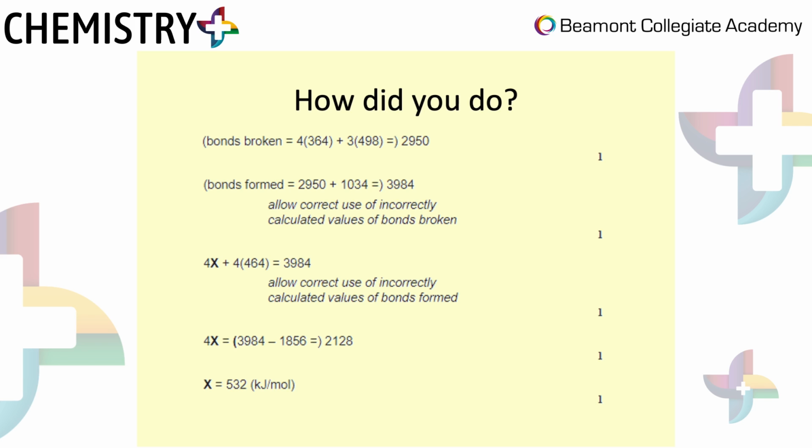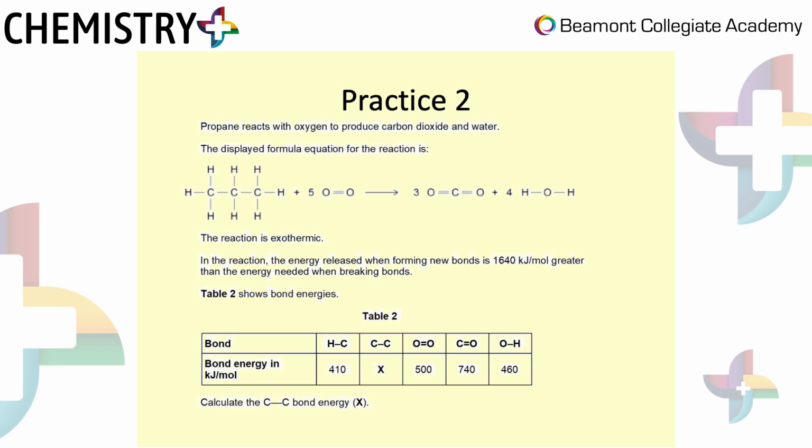Do you need a bit more practice? Here's another question to have a go at. Remember small steps, counting the number of bonds, calculating them, and then solving what x is. Pause the video, have a go.